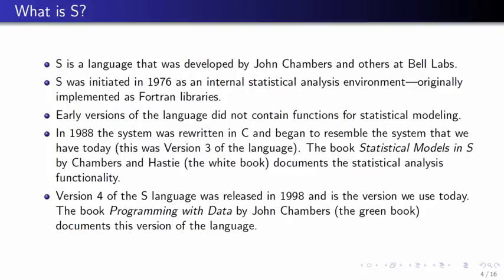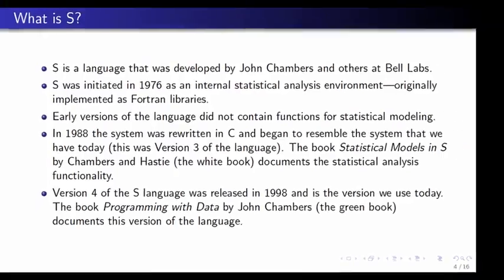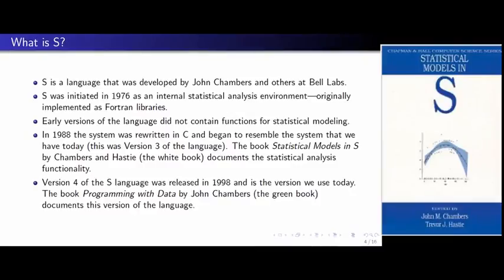So in 1988, the system was rewritten in the C language to make it more portable across systems, and it began to resemble the system that we have today. So this was version 3, and there was a seminal book called Statistical Models in S, written by John Chambers and Trevor Hastie, sometimes referred to as the White Book. And that documents all the statistical analysis functionality that came into that version of the language.